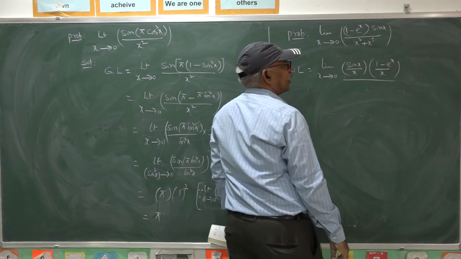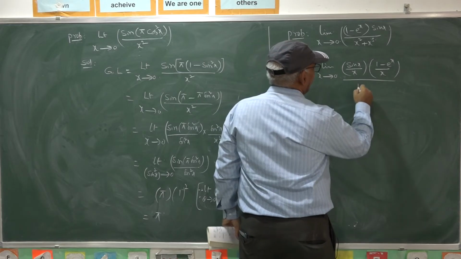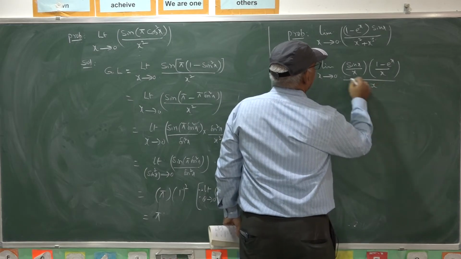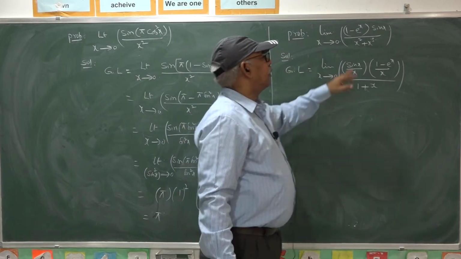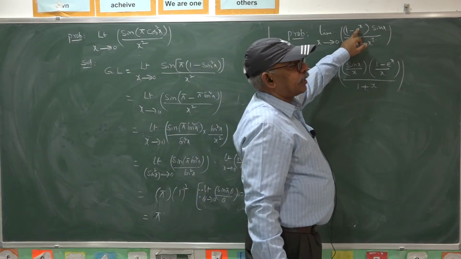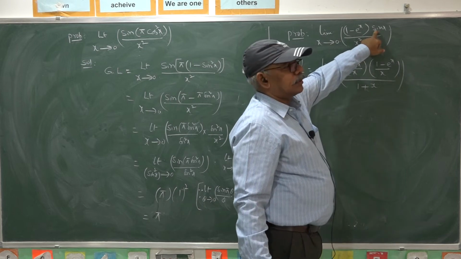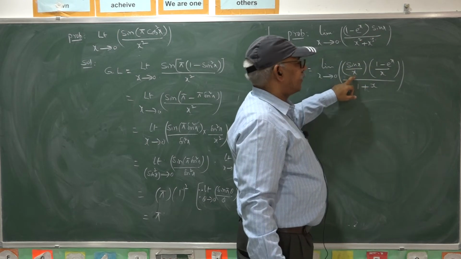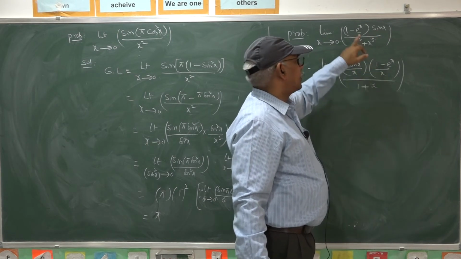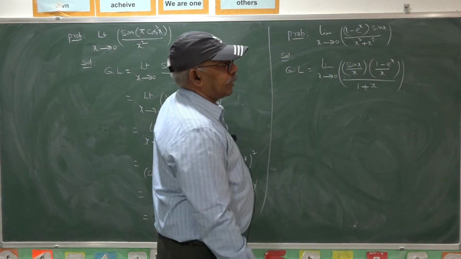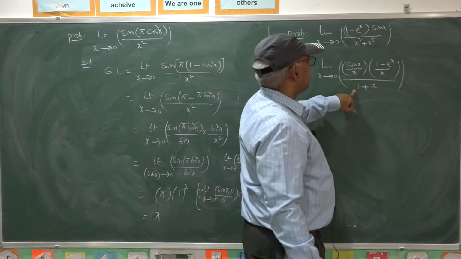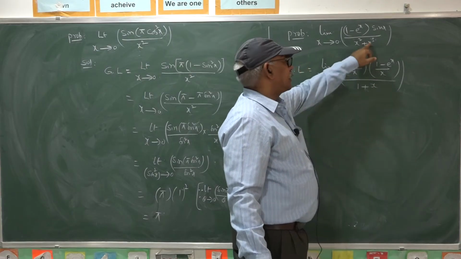Divide the numerator and denominator with x square, so that we get 1 plus x here. Out of dividing the numerator and denominator with x square, x is written under the sine function and one more x is written in the exponential function. Dividing the denominator, x square by x square gives us 1, x cube by x square gives us x.